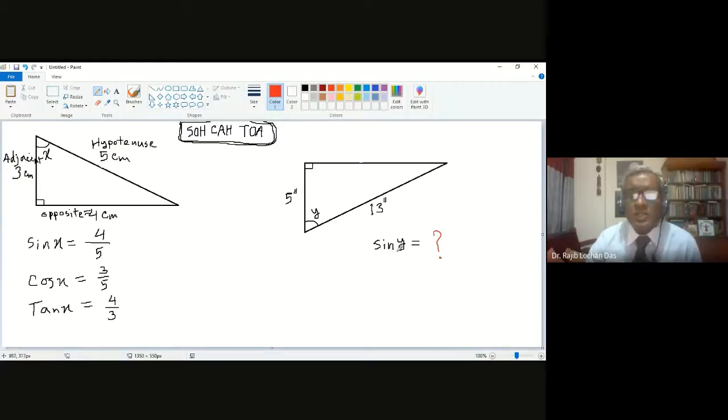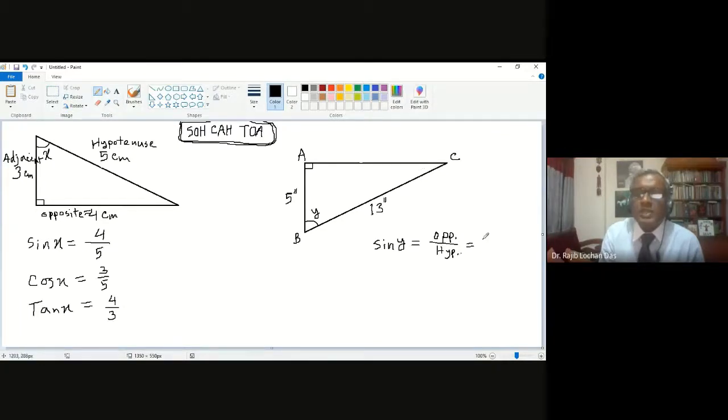So in this case, your sine y will be opposite divided by hypotenuse. This is the formula. But you do not have the opposite. If the triangle is named ABC, these are the three corners, so what will be the opposite?